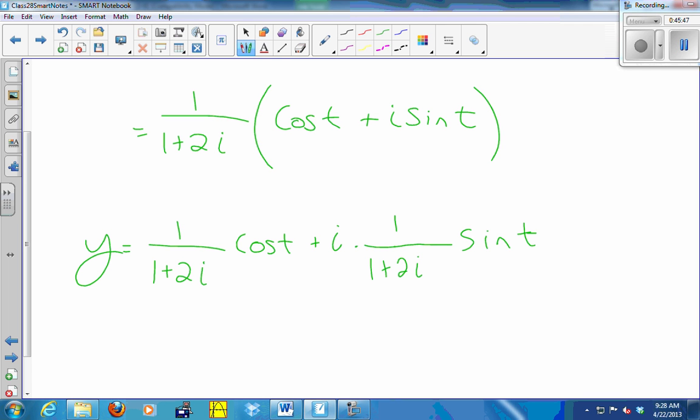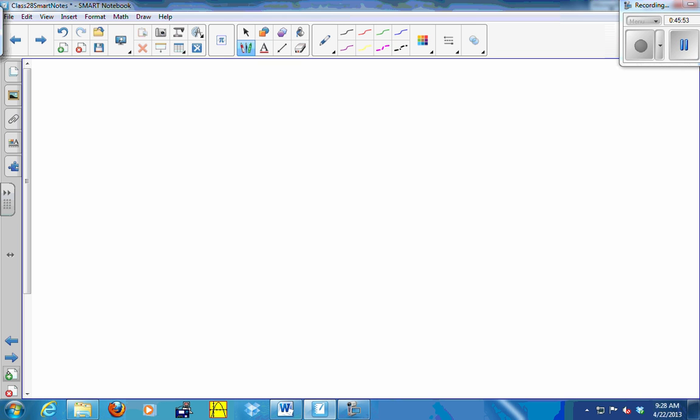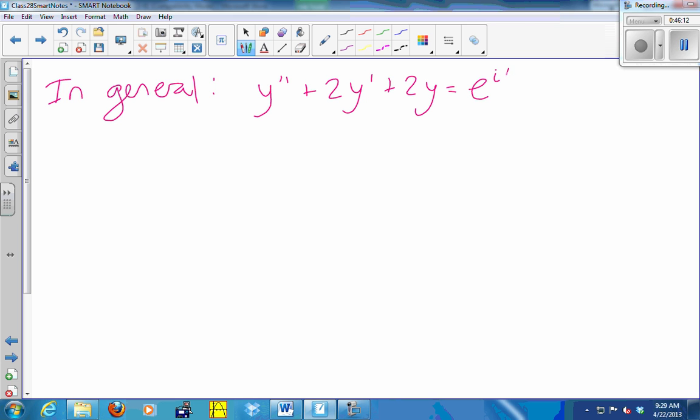And I should have done something else before I derived this. All right, so more in general here, I've got y double prime plus 2y prime plus 2y. I have some complex solution, which I already found.